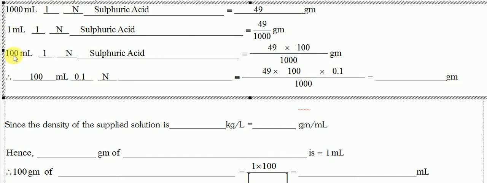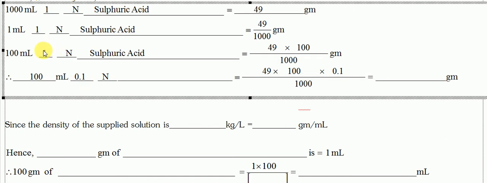That is why we have to multiply the unit volume, unit normality sulfuric acid amount with 100 ml. In this way, we will find out the amount of sulfuric acid required to prepare 100 ml 1 normal sulfuric acid. Afterwards, we have to calculate the amount required to prepare 0.1 normal sulfuric acid.